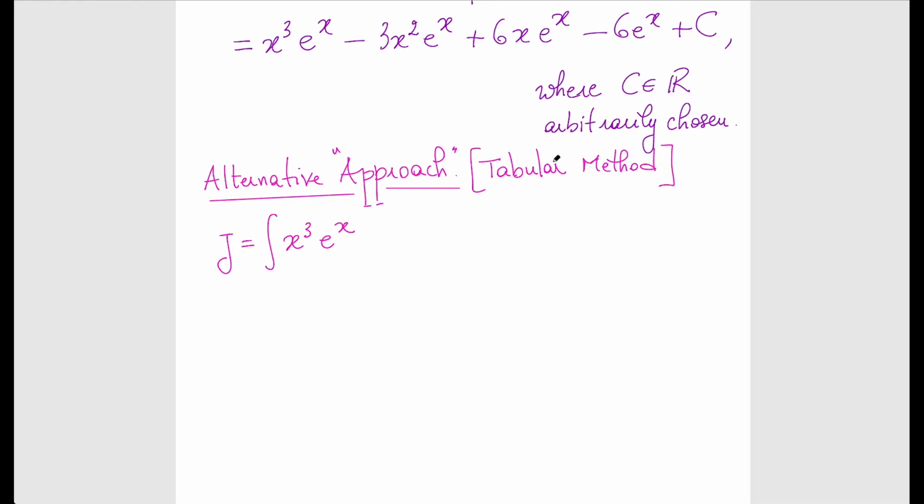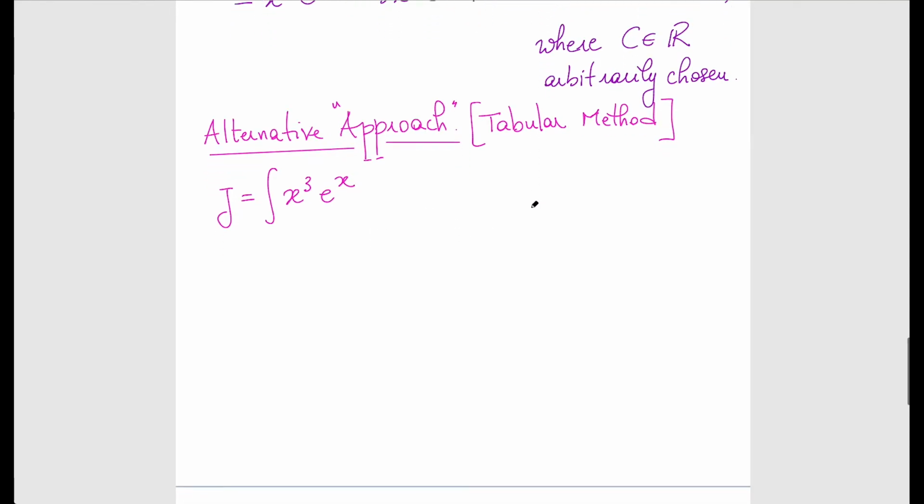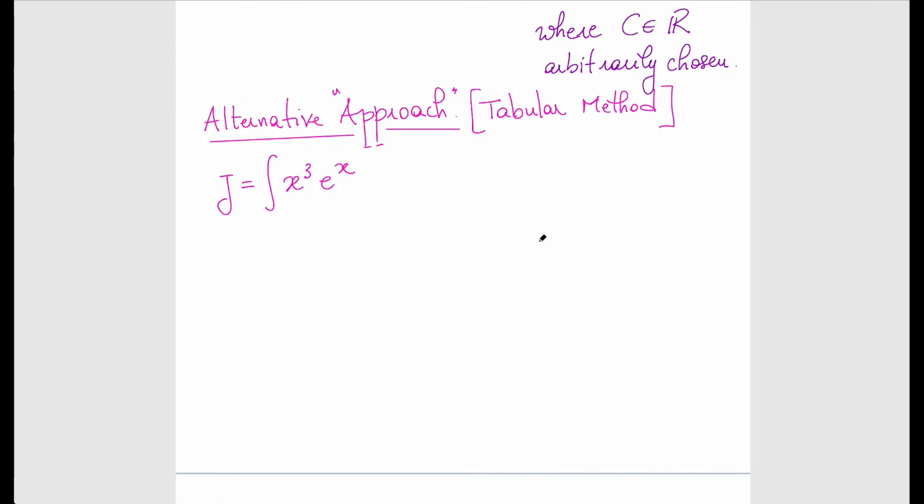So use a table, right? We're gonna be using a table, and the observation is as follows. So you create a table between those two functions, namely x cubed and e^x. Okay, and we differentiate this guy along the way above, right?